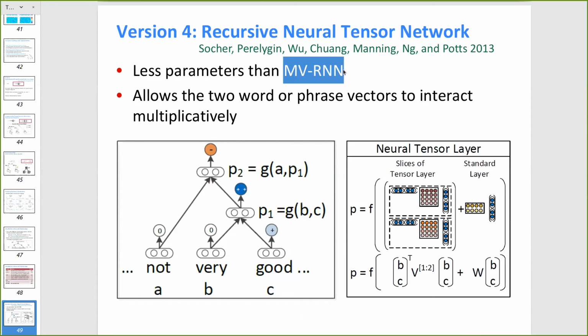So this version, the recursive neural tensor network, tries to avoid those extra parameters, or at least reduce them, by allowing two word or phrase vectors to interact with each other. I'm not really sure what that means. Even the pictures here are not that helpful.